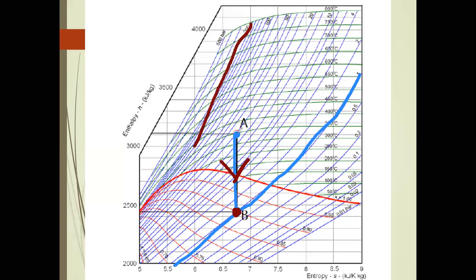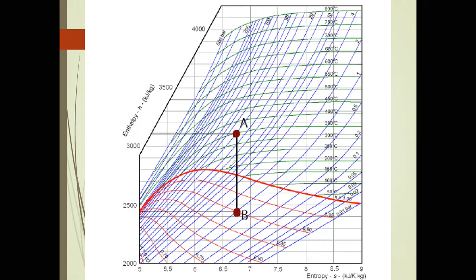At that time, the perpendicular line will be on the upper side. The direction upward or downward will depend on the other information. So this is the A point and this is the B point.